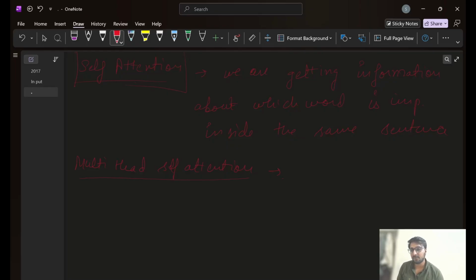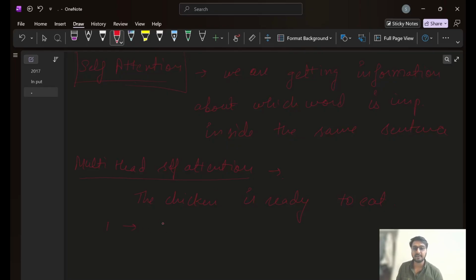For example, look at this sentence: the chicken is ready to eat. What do you think it is trying to say? There are two perspectives.